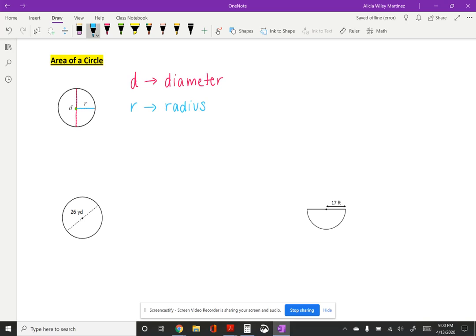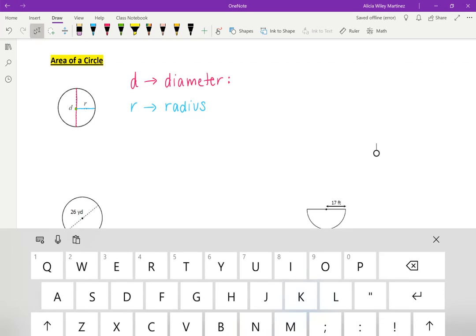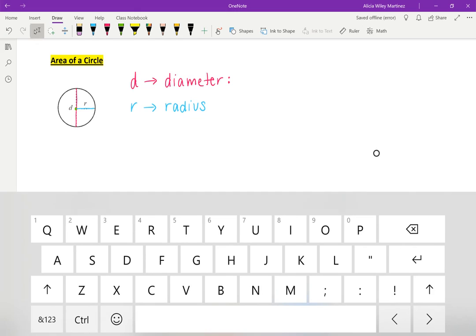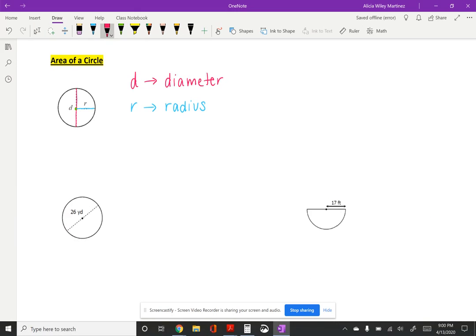What's important to know about the diameter and the radius is they do have a relationship. The diameter is the length of the radius times 2. So you can think of it as 2 times r.